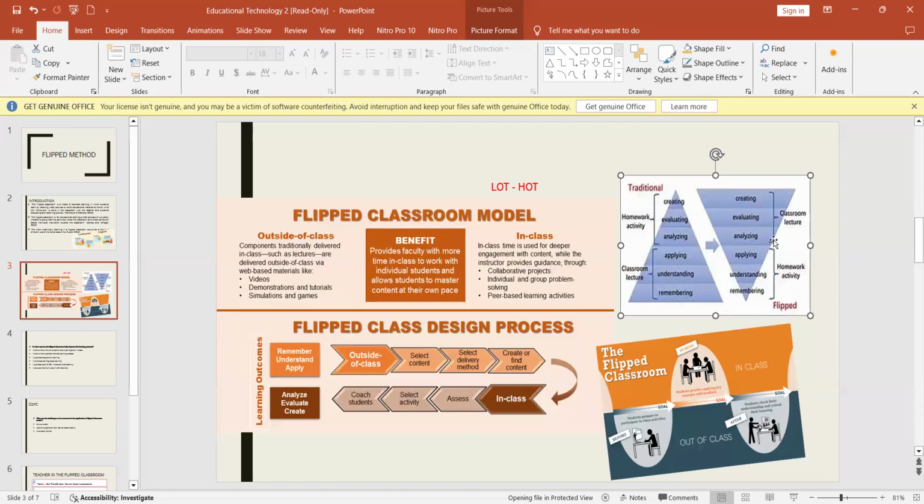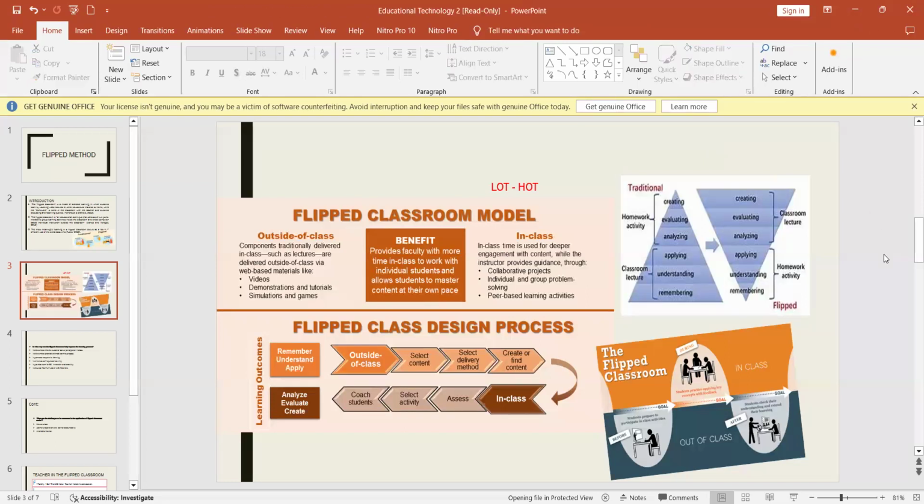That is the flipped classroom. Do you understand? Yeah, ma'am. So now you have to think of ways of using the flipped classroom in your class. That is the challenge.